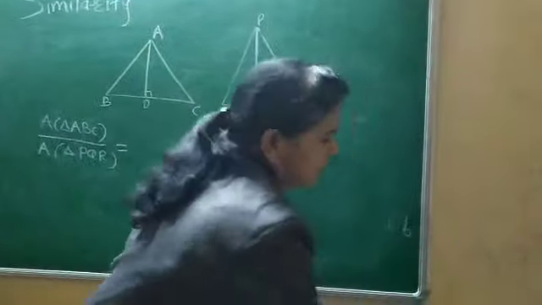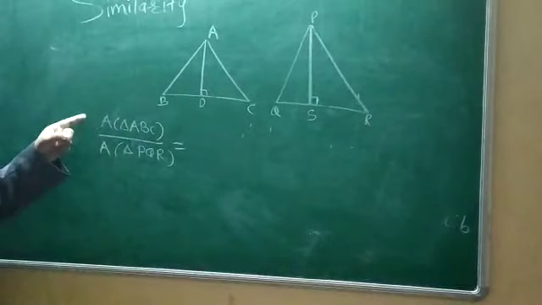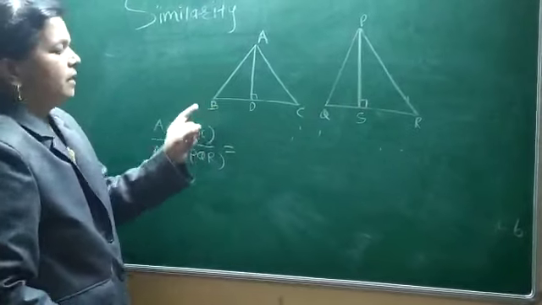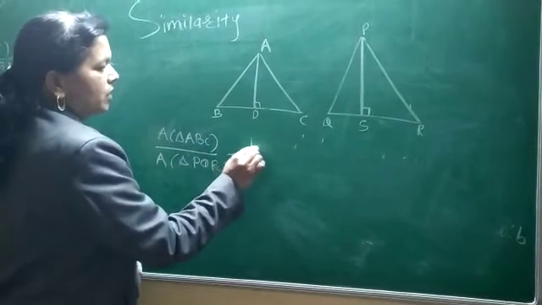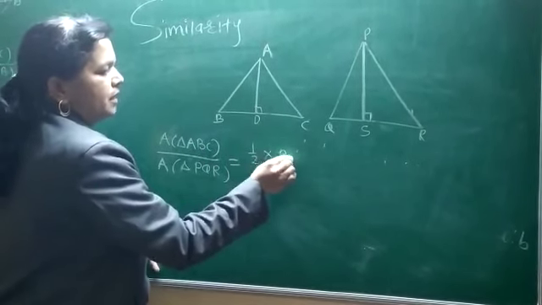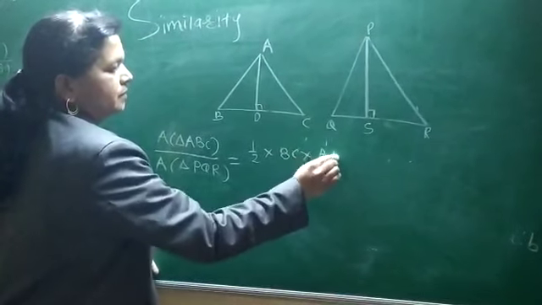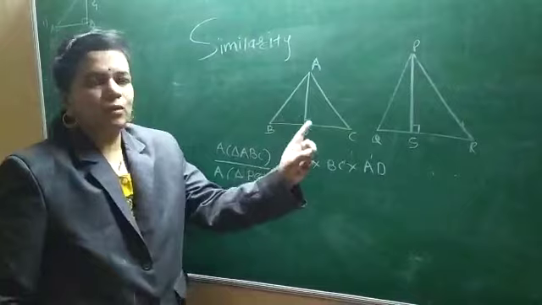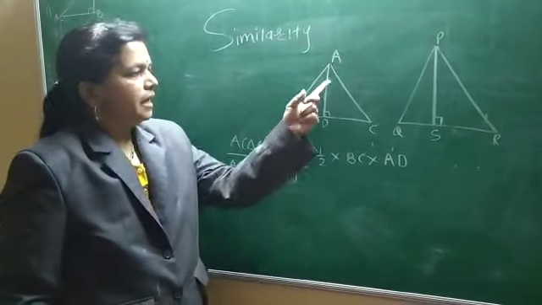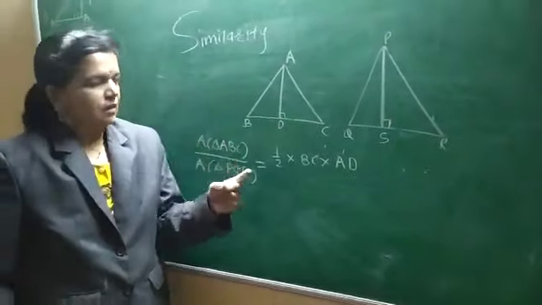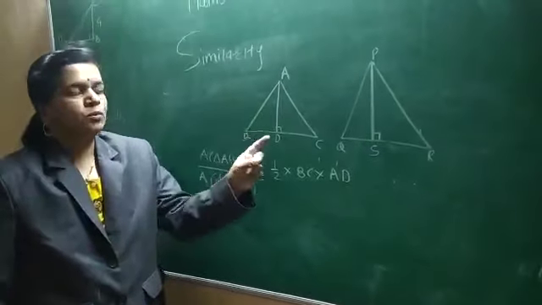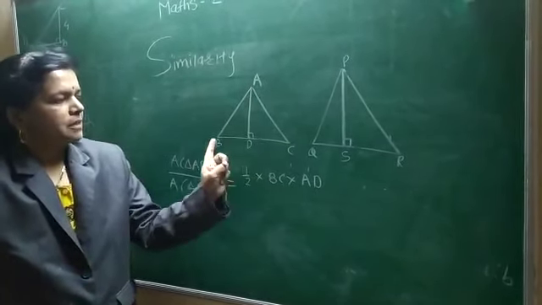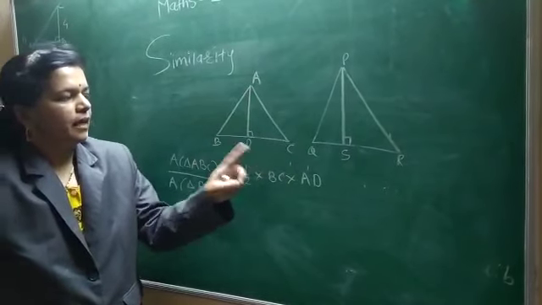The area of ABC is 1 upon 2 into base into height. In triangle ABC, AD is perpendicular to BC, which means AD is the height of the triangle. So the area of triangle ABC is 1 upon 2 base BC into height AD.